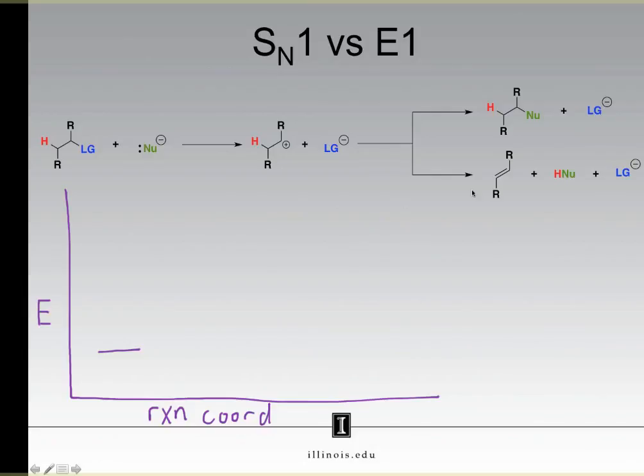We then form this carbocation, which we know is a high energy intermediate. So we go from our starting energy to our carbocation. Now we have a choice. We can form either the substitution product or the elimination product. Let's go ahead and draw those pathways here.